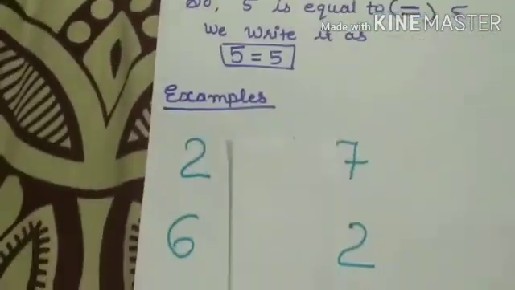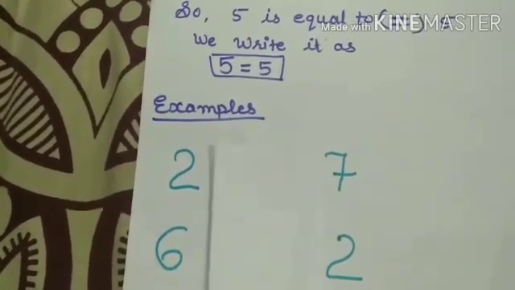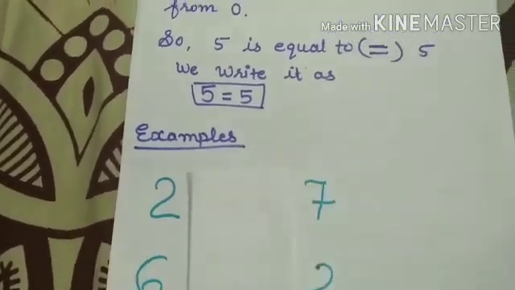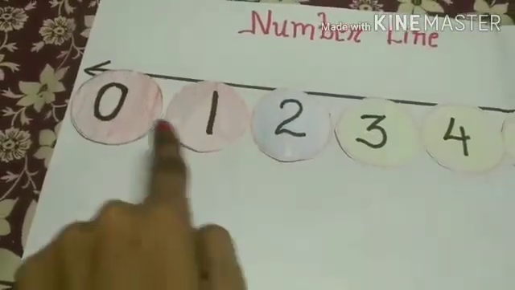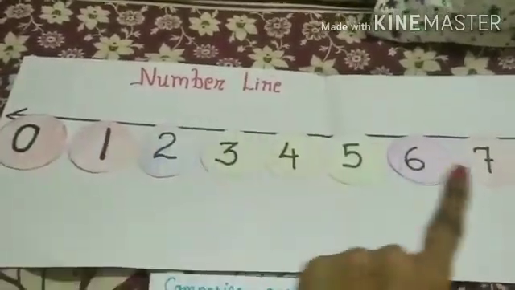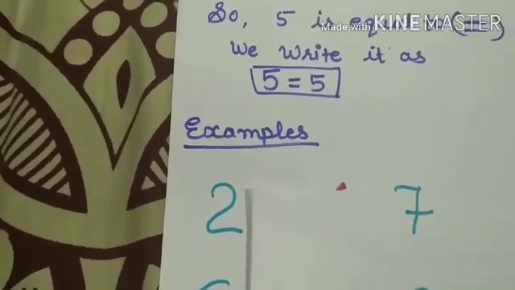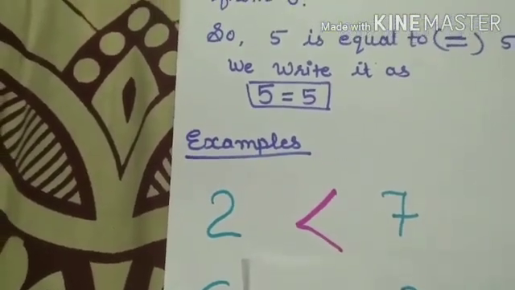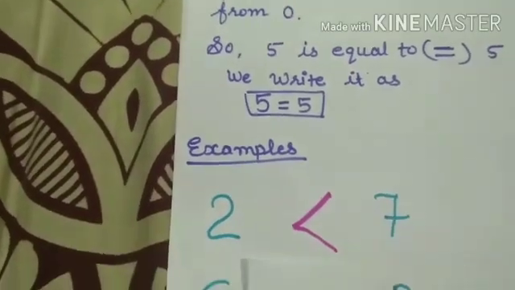Now, we'll take more examples to clear your concept. 2, 7. 2 is near to 0 and 7 is far from 0. So, we'll put the sign of less than as 2 is smaller than 7.